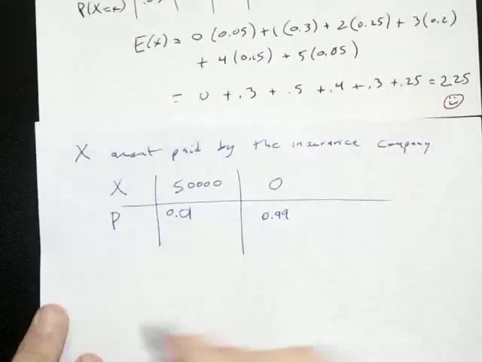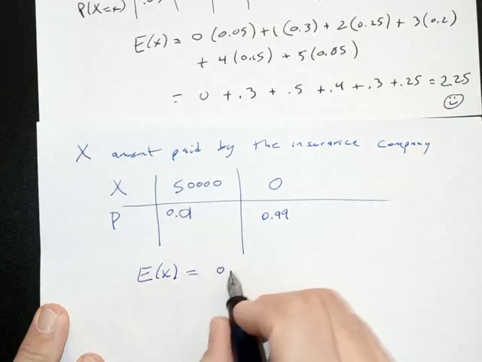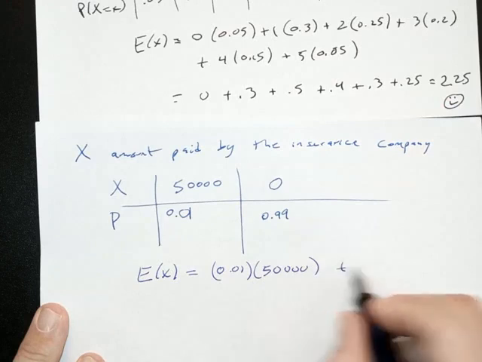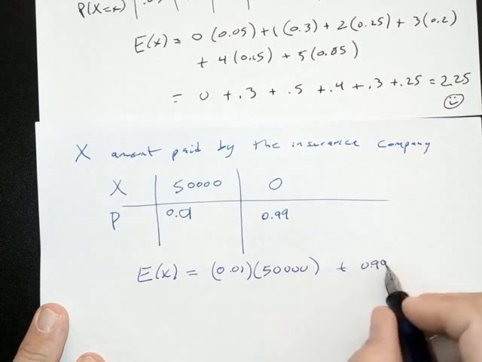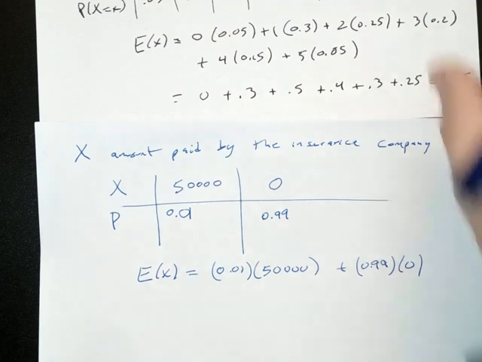Oh, the expected value of this insurance policy is 0.01 times 50,000 plus 0.99 times 0. Most of the time they spend nothing on you, but there's that 1% chance they're going to have to pay you $50,000, isn't there? And if you do this multiplication, what does that turn out to?